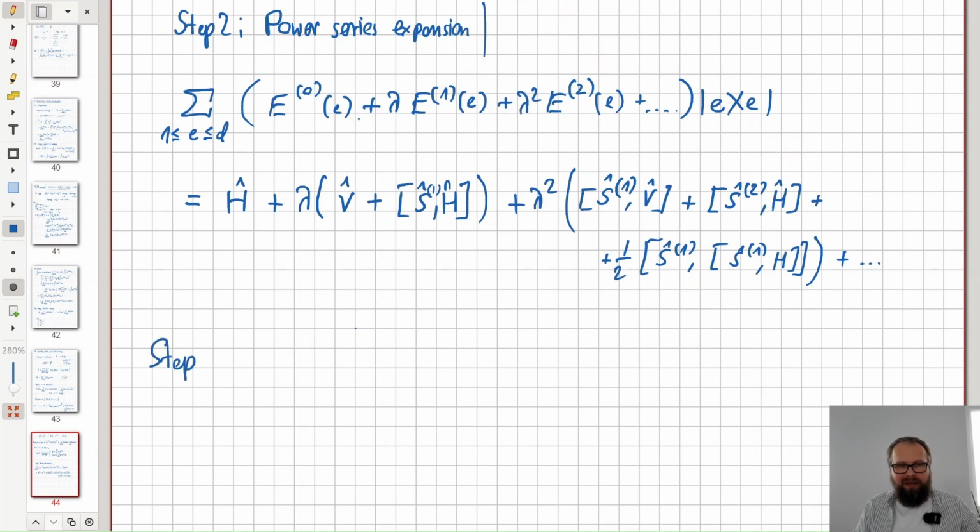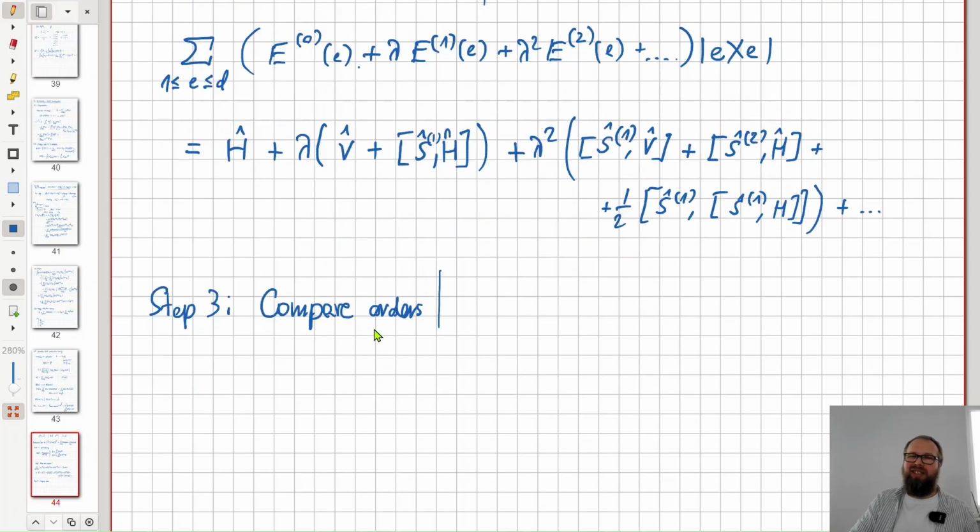Step 3, compare orders. And the final step is you generate an infinite system of equations by taking the stuff on the left that's multiplied by lambda to a certain power and finding its partner on the right-hand side.